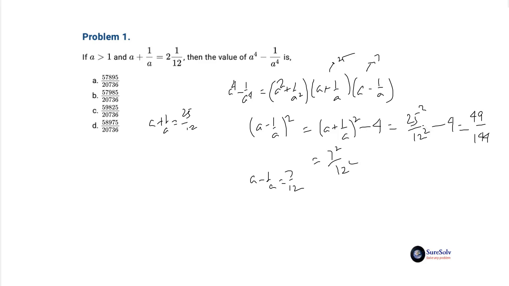Options C and D satisfy this condition. The answer will be one of these two. We'll test option C for a factor of 7 now. We find by direct division that the numerator 59825 is not divisible by 7. So the answer must be option D, 58975 divided by 20736. Answer is option D.